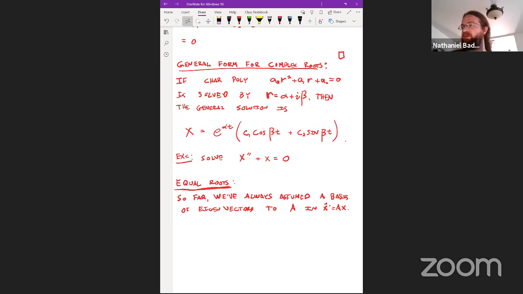So just to flag what happens there, it's exactly what Sai says. If you wind up with equal roots, then what we write down instead, without a basis of eigenvectors: assume that the characteristic polynomial, a2 r squared plus a1 r plus a0 equals 0, has a double root, let's say r equals r naught.